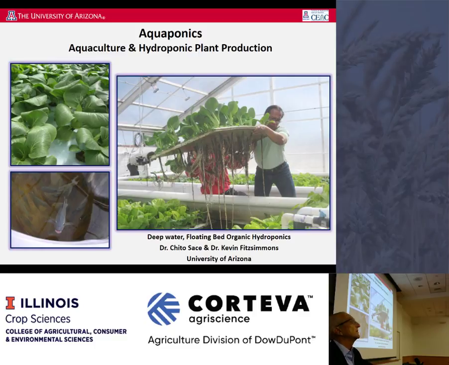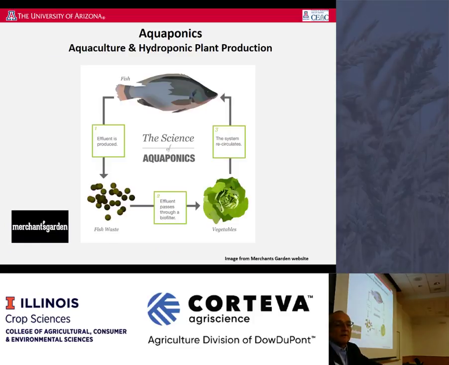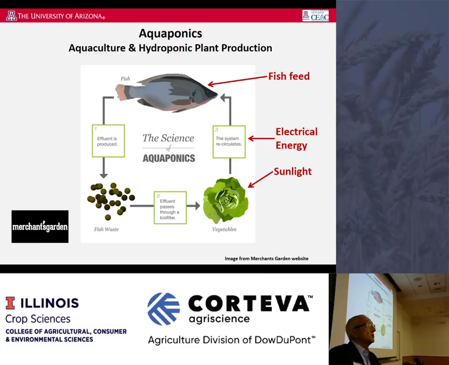Yet that ammonia can be converted to nitrate so that, in this case, the Swiss chard could be produced. So it turns into a nice closed cycle, which then saves water in the long run and provides for, in a closed system, environmentally controlled, predictable facilities that produce the crops year-round.